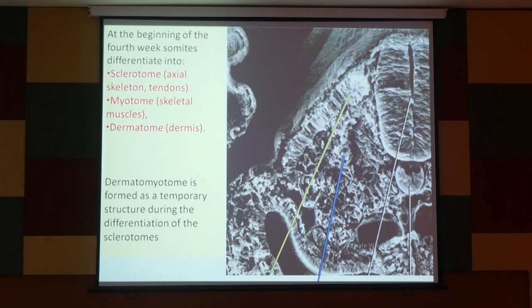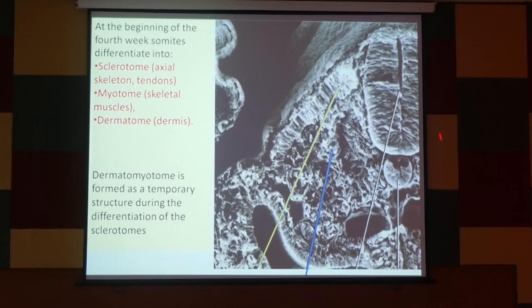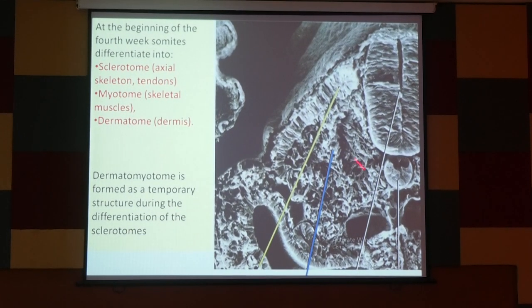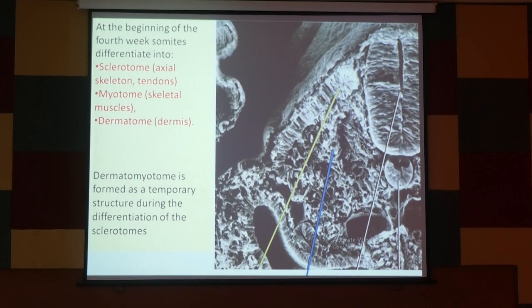This somite has a particular pattern in appearance, and each somite segment can be divided into two halves. One is known as the medial half, the other is known as the lateral half. Together we call it a somite. Eventually the somite cells separate into the medial half and the lateral half. The medial half we call sclerotome tissues, and the lateral half we call dermatomyotomes.